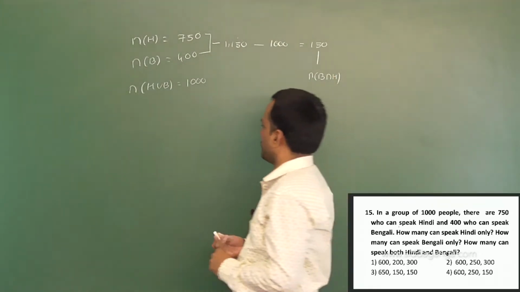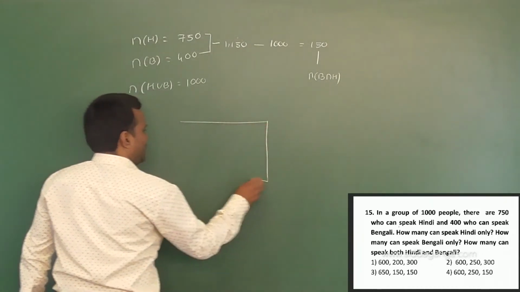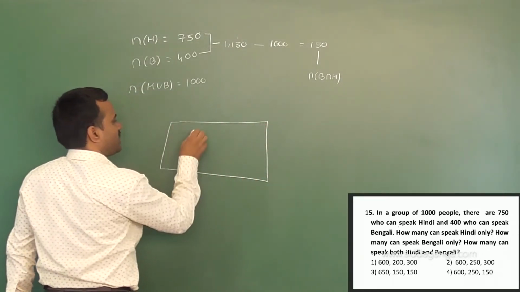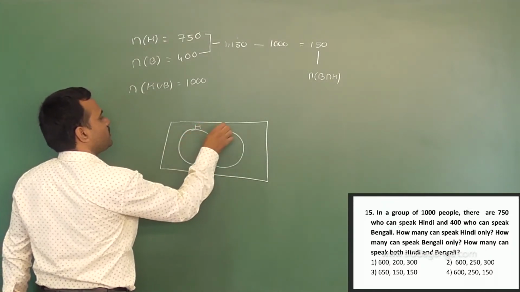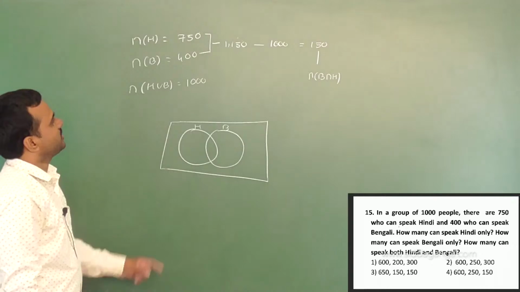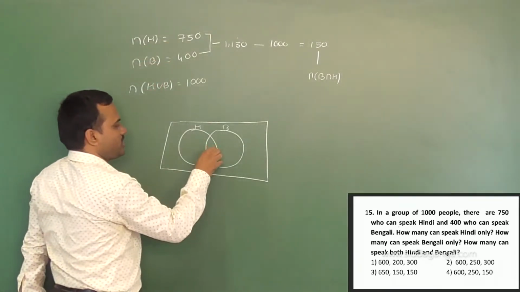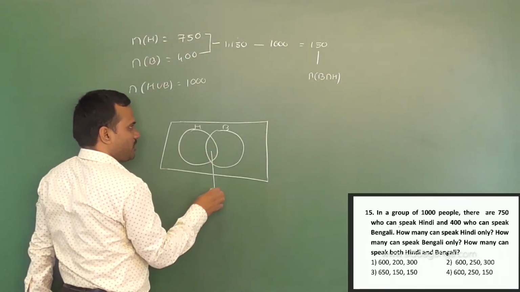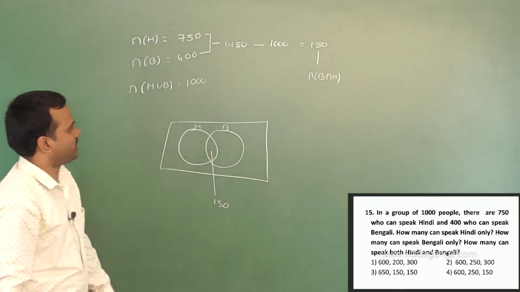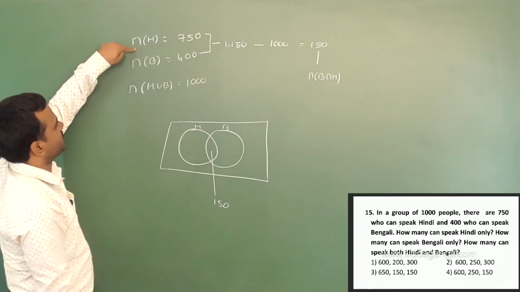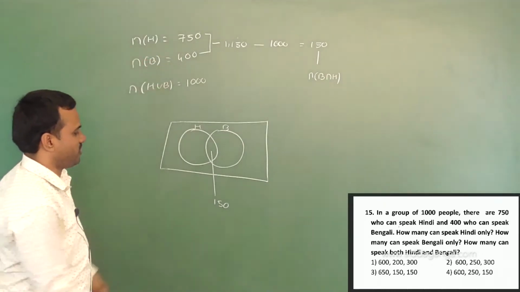150. So what I do, I draw the Venn diagram. Hindi people, Bengali people. Here those who speak both Hindi and Bengali are 150. N of H is what he has given, 750.